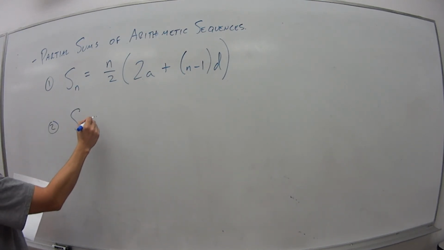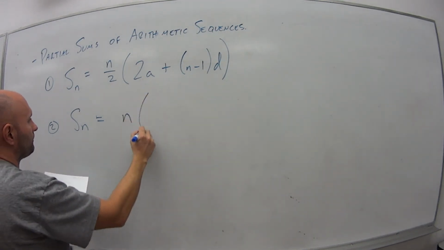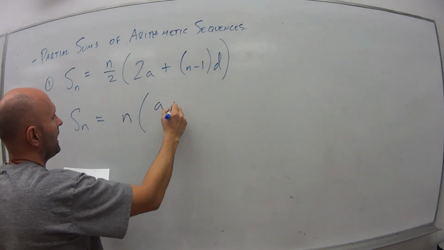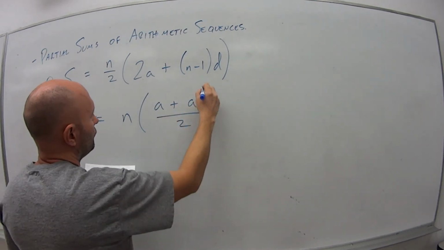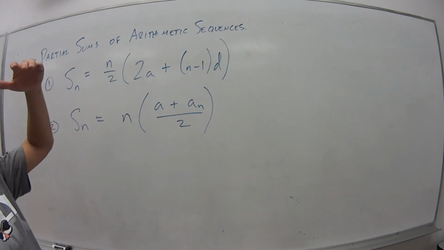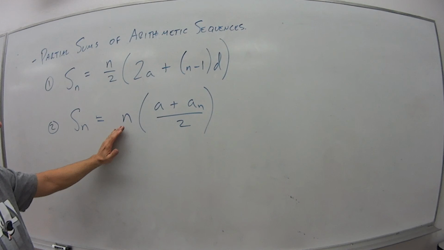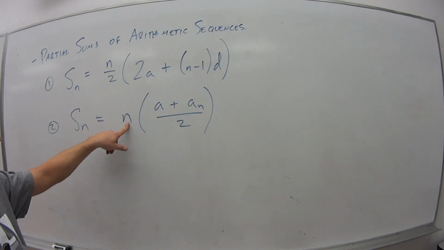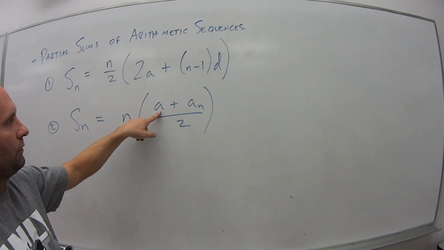The other formula for the sum would be n times a plus a sub n all over 2. So in this one, depending if we had to already figure out what is a sub 20, we could use this one. So our n would be 20, a is our starting value, 30,000.